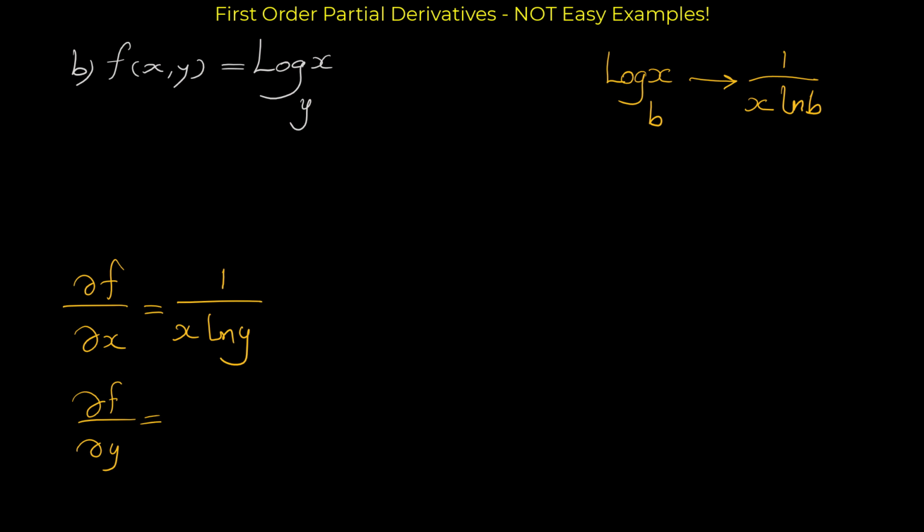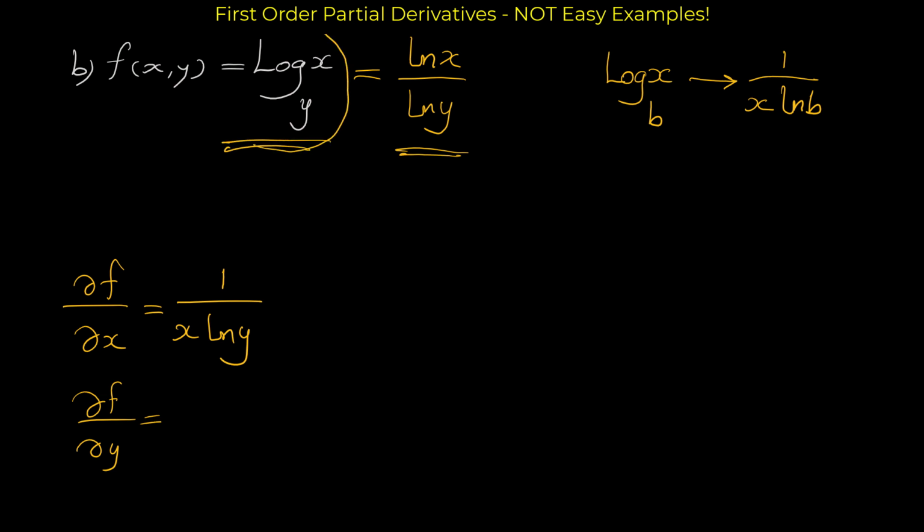Here, you need to know the properties of the logarithmic function. We can write log x in the base y in the form of ln of x over ln of y. Now we have an expression that is equal to this.